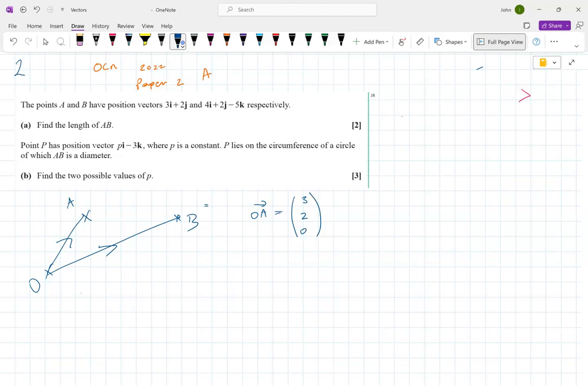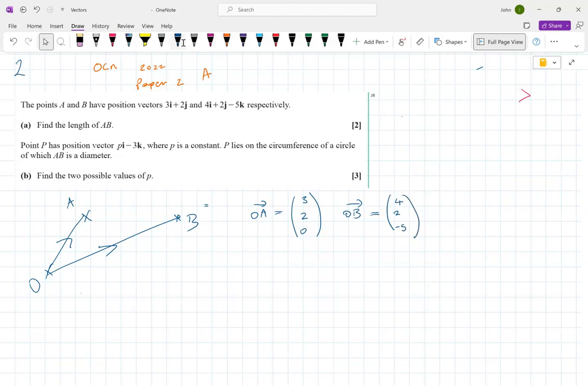So that's 3, 2, 0, making sure we put the 0 in the right place, because obviously 0 is missing from the question since it doesn't need to be there in ijk form, but it does when you're doing column vector form. So that's OA, and OB is equal to 4, 2, minus 5.